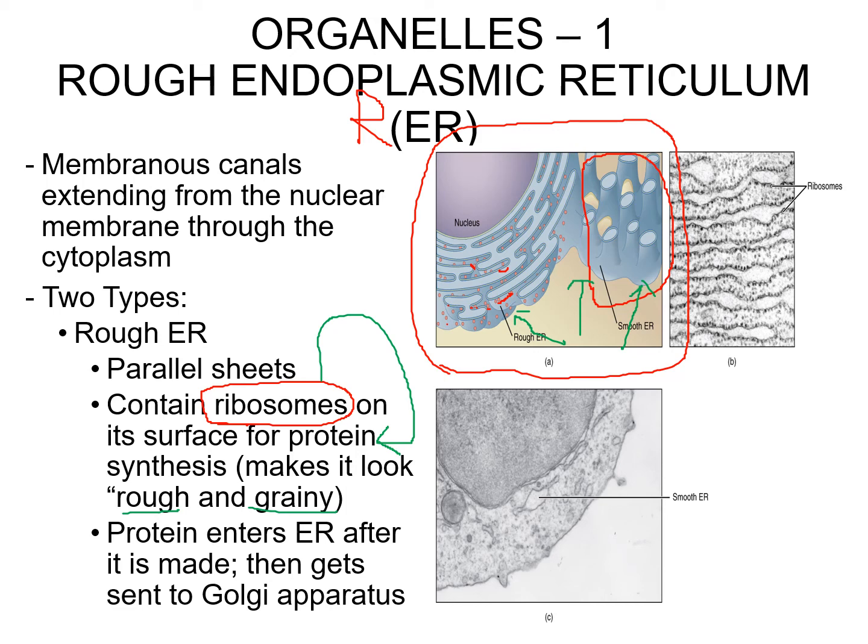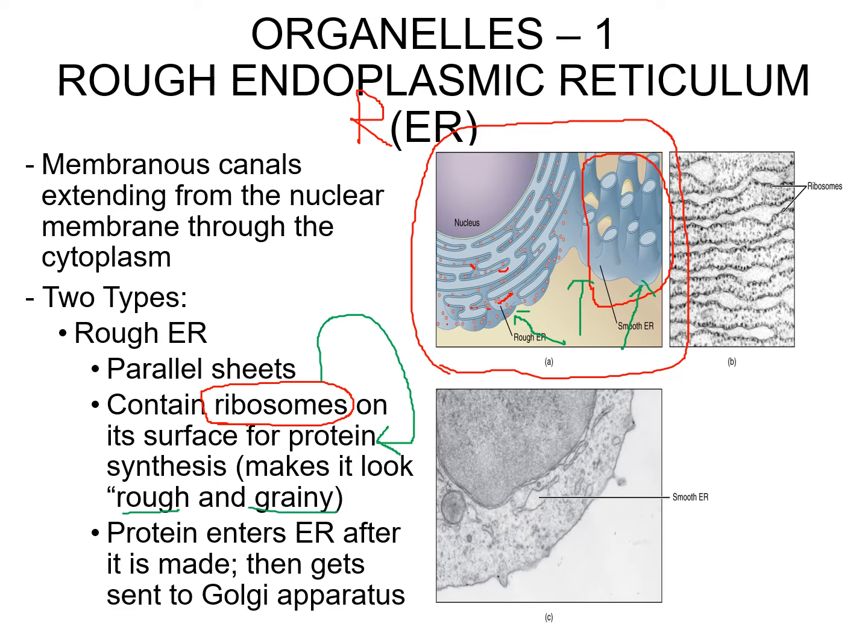All the ribosomes do is make them, basically putting them in the correct order. They're just focused on that primary stage. Where that folding starts taking place is in the rough endoplasmic reticulum. Those alpha helices, those beta pleated sheets we discussed, that's in the RER.